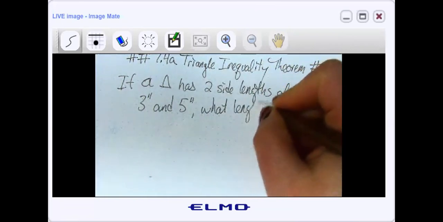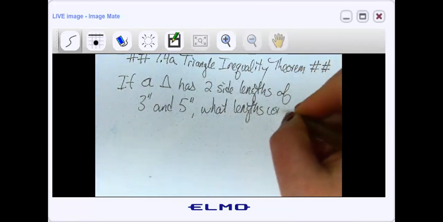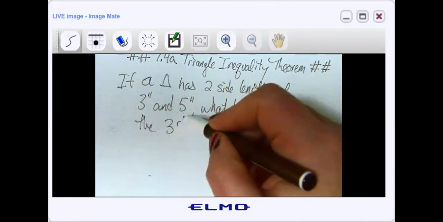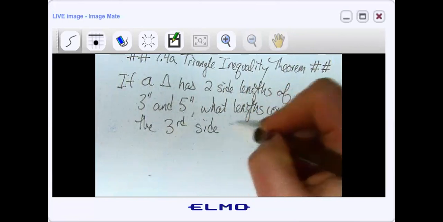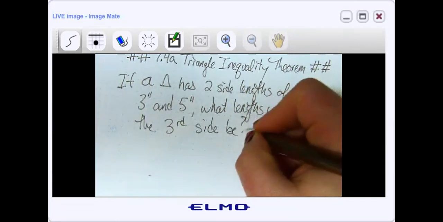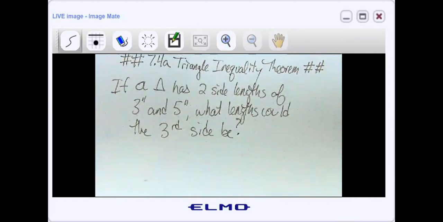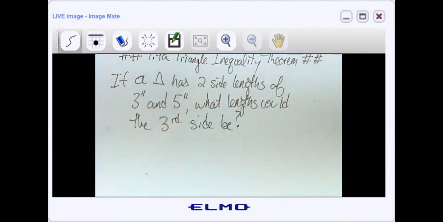Or let's say, what lengths could the third side be? So think about that for a minute. I have a triangle. I have 2 sides that are 3 inches and 5 inches.